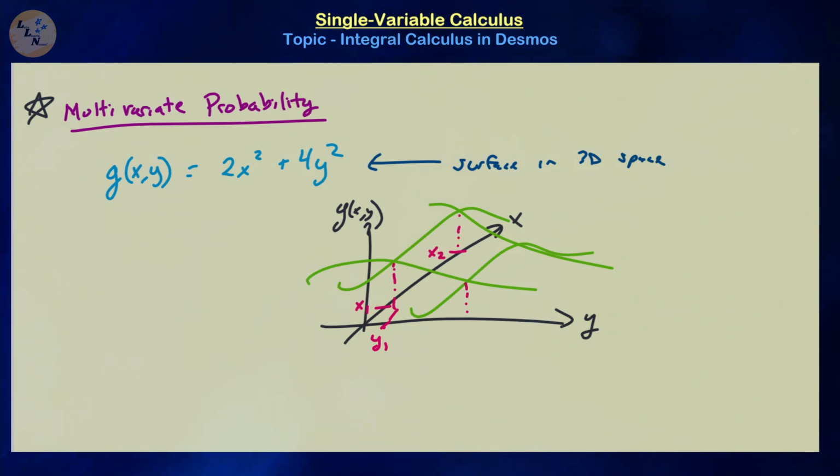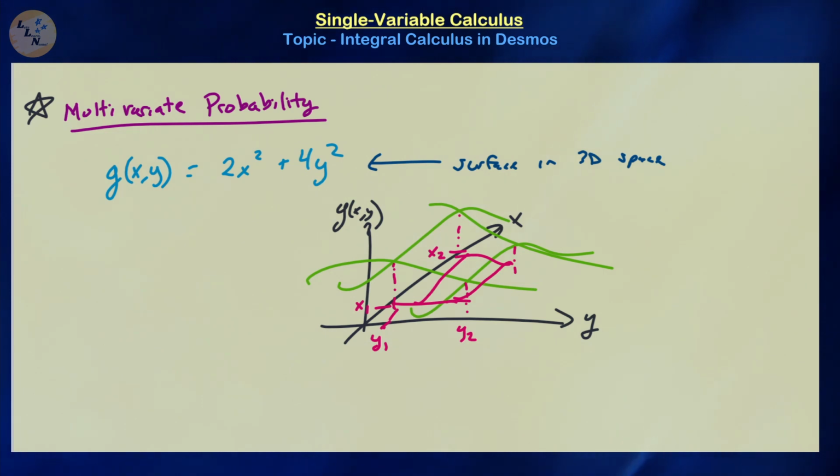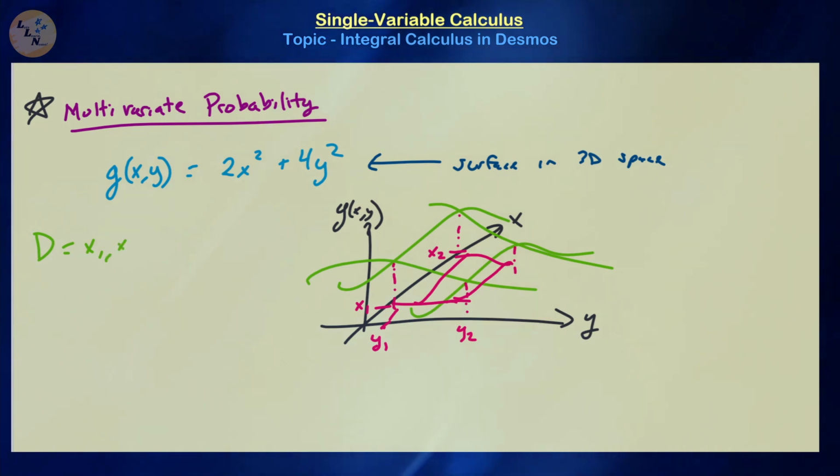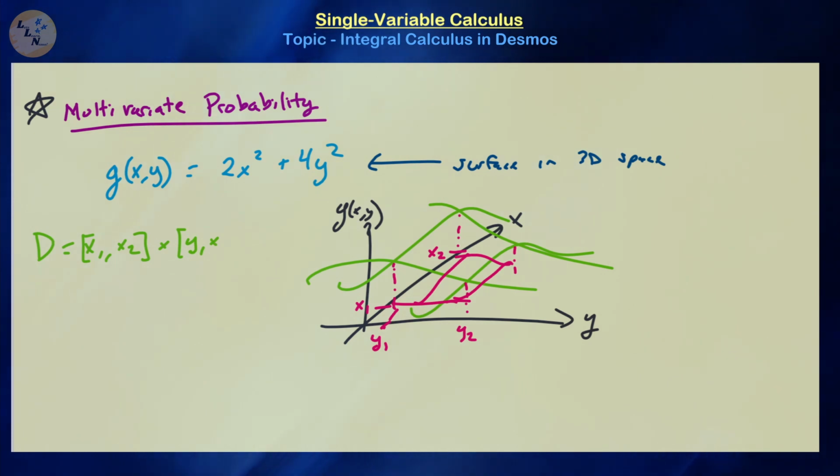Let's call this point y2, and of course that corresponds to the other region as well. So we have a projection down to the floor that corresponds to some sort of rectangular domain. Let's assume that the domain of definition is x1, x2, comma, y1, y2. So some rectangular domain.